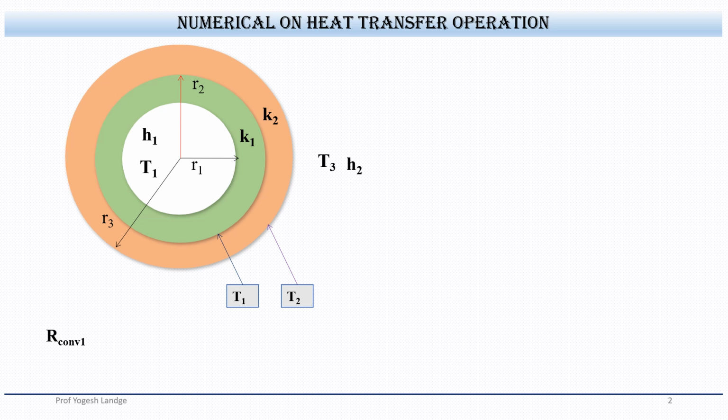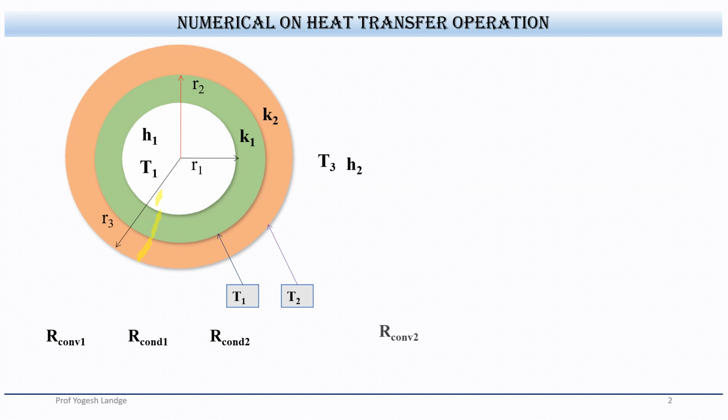If I want to know the rate of heat transfer, there are resistances here. The first resistance is by convection at this point. The second resistance is by the metal wall. The third resistance is by conduction through this insulating material.